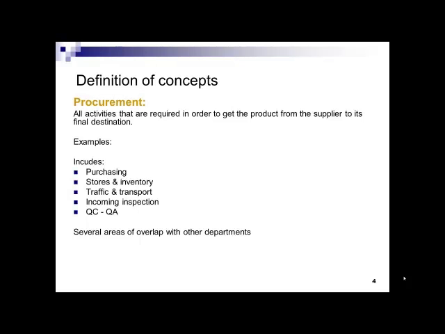Or what is your organization's tactics for looking after the stuff which has been delivered? Now, having said that, not every organization puts stores and inventory under the area of procurement, but certainly in some cases that is going to happen.